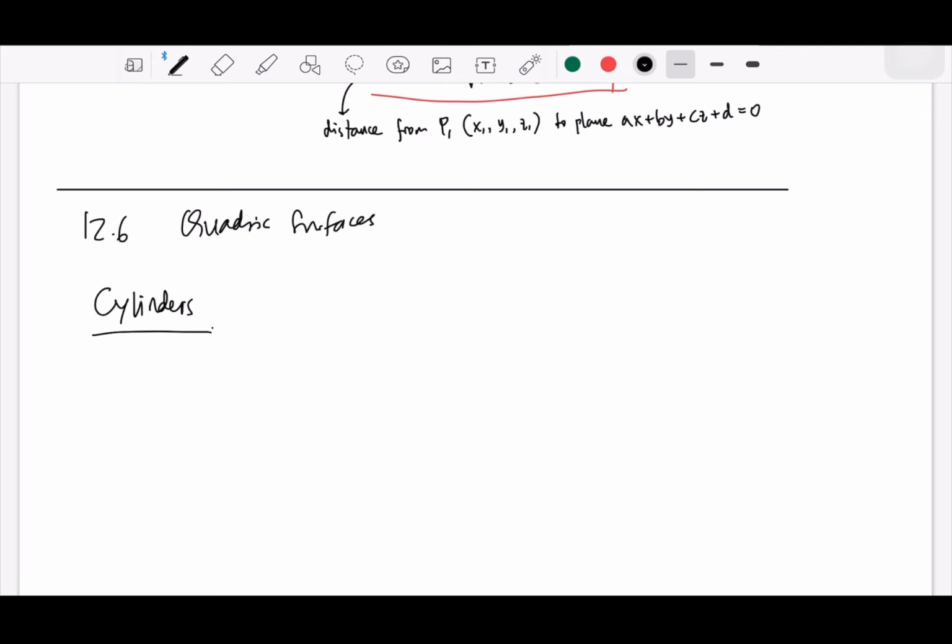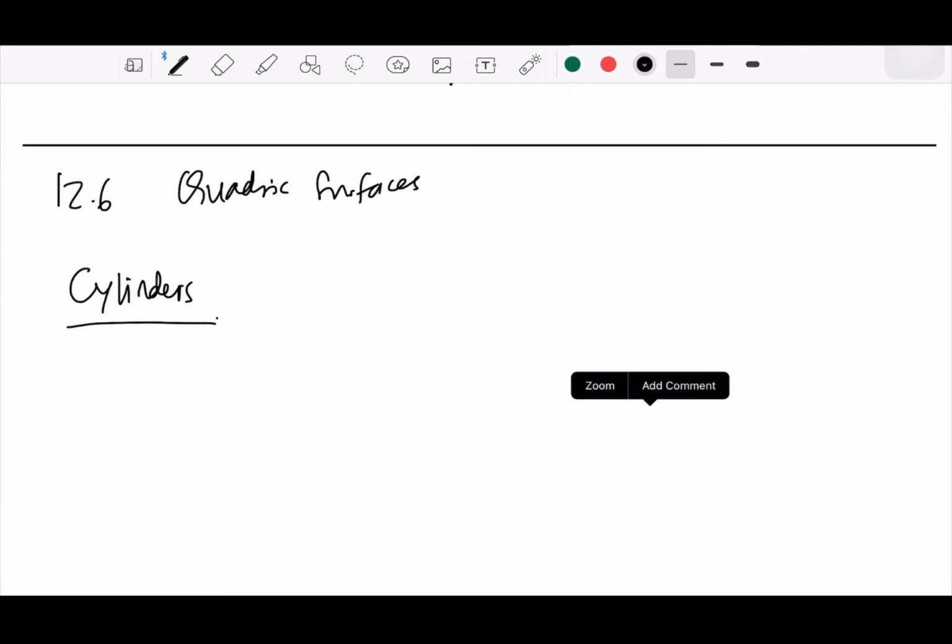Okay, let's start with z equals x squared. If we have this z equals x squared, of course, if we are looking in 2 dimensions, just the z and x axes, we will have just a regular quadratic parabola. But if we draw it in 3 dimensions, because there is no y mentioned here, on the y-axis these terms will be all over the place.